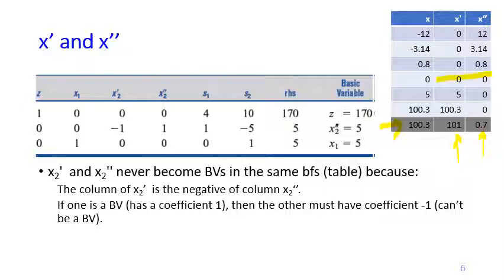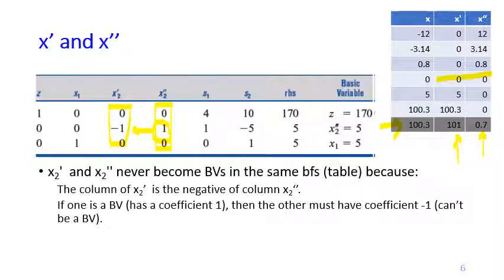If you look at the tables in the example that we just solved, you see that the column of x2 prime and the column of x2 double prime are the negative of each other. So if here it is 1, the column of the other must be minus 1.